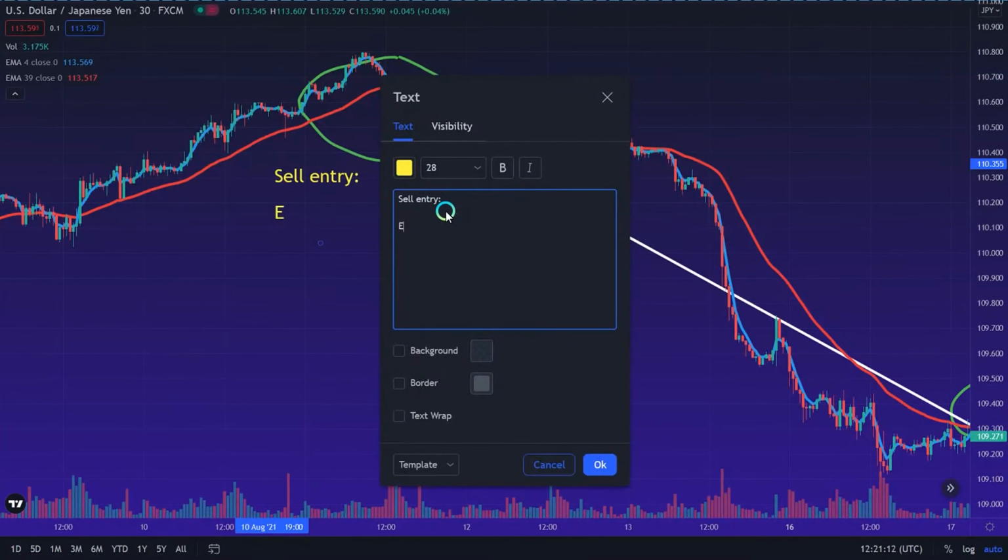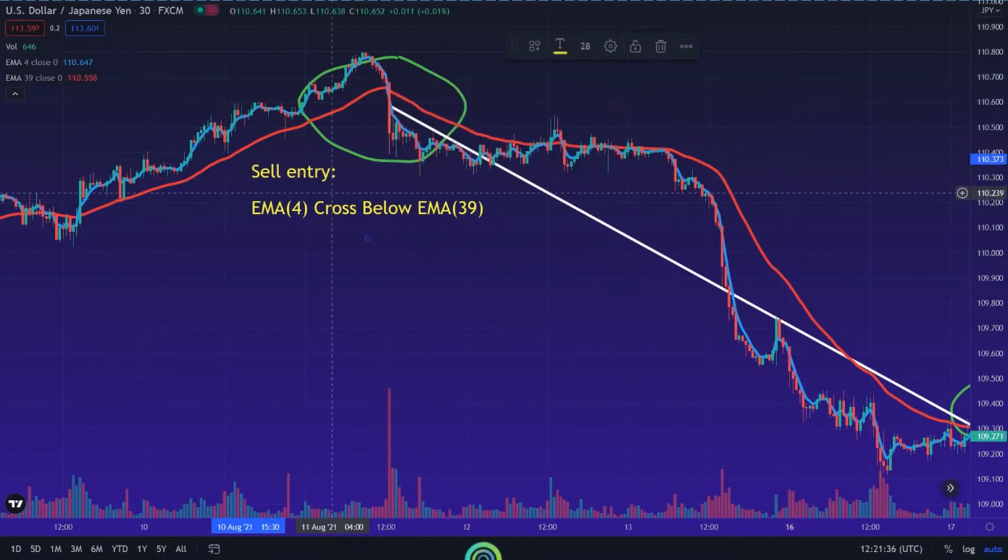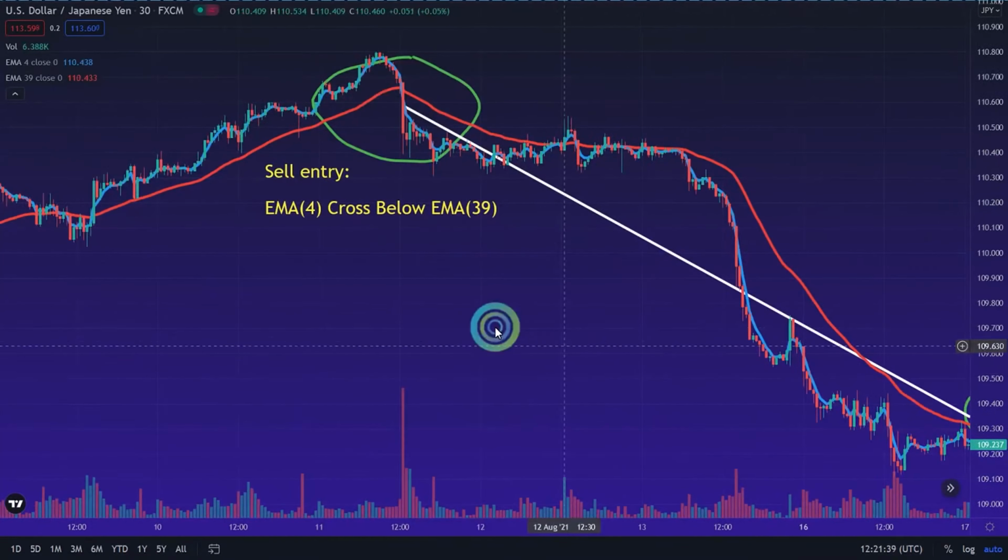We are using EMAs here as well, and we take our sell trade if the 4-period exponential moving average crosses below an EMA that is 39 period, and it is really simple. It is just the most simple strategy in the world.